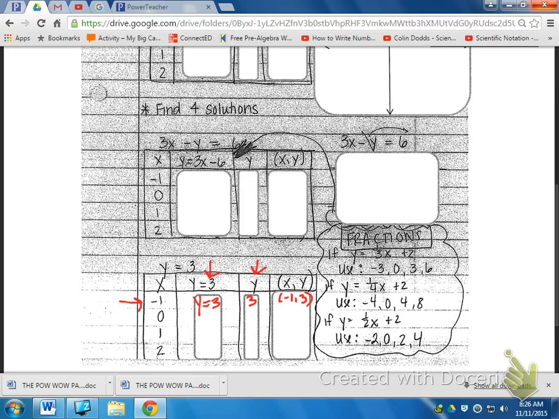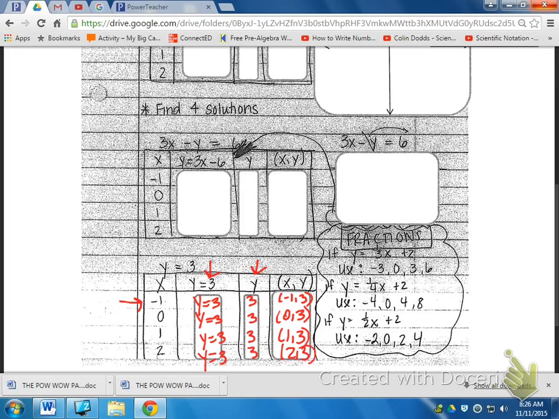Now I go to x is 0. Well, I still have to put y equals 3. Strange thing is, y is still 3, and I get 0, 3. And that's going to happen for every one of them. Because there is no x, it's for sure going to have y equals 3.